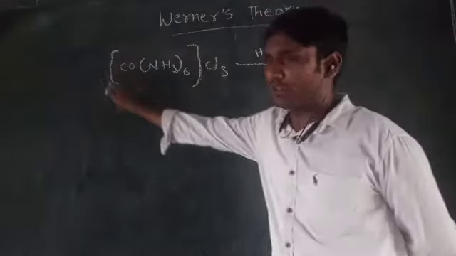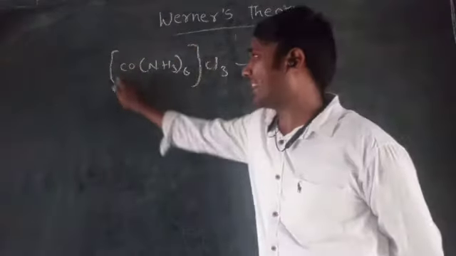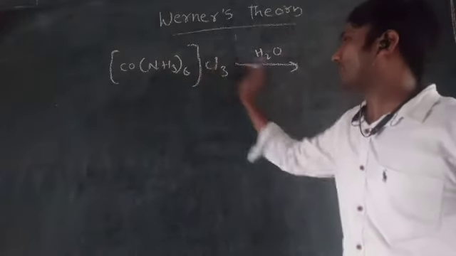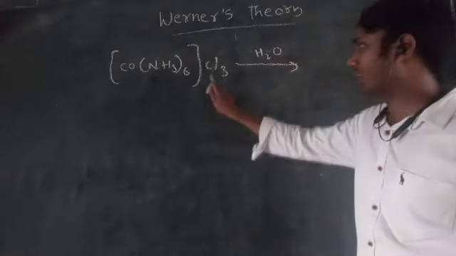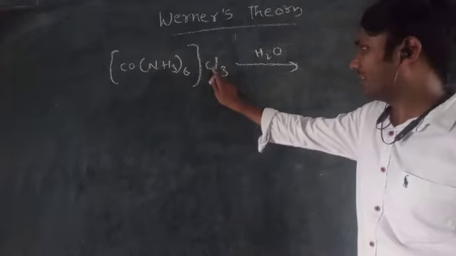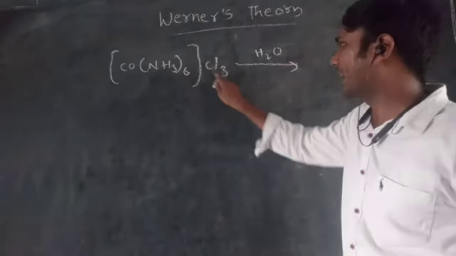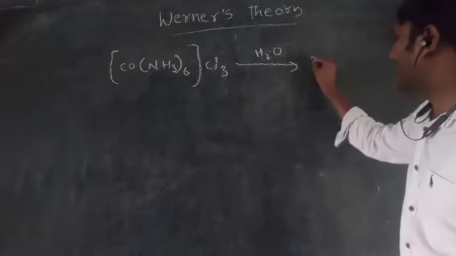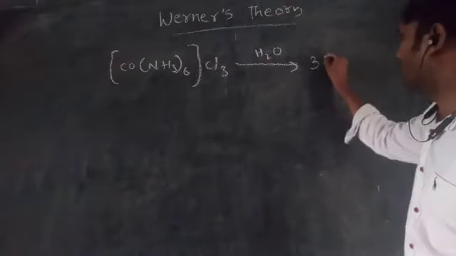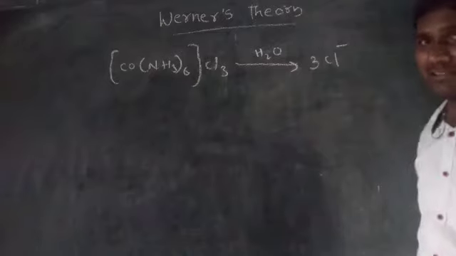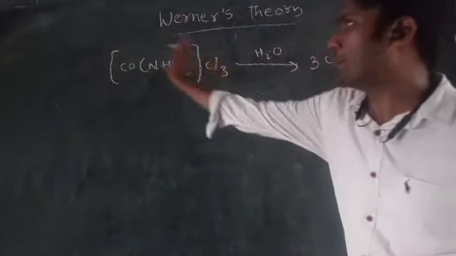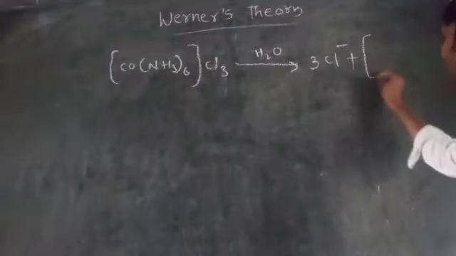This coordination sphere is completely one type of ion, and whatever species is present outside the coordination sphere are another type of ion. That means this is the negative species. How many negative species are present? 3. That means when it is dissolved in water, first of all 3 chloride ions are released. At the same time, this is the coordination sphere, and the coordination sphere is completely one ion.